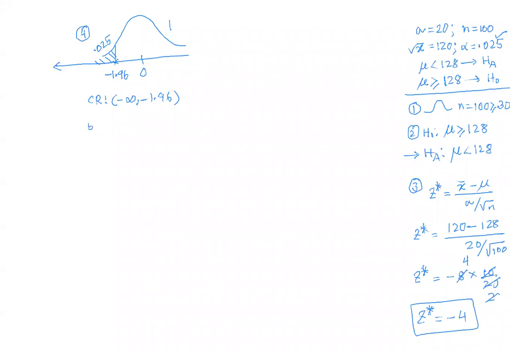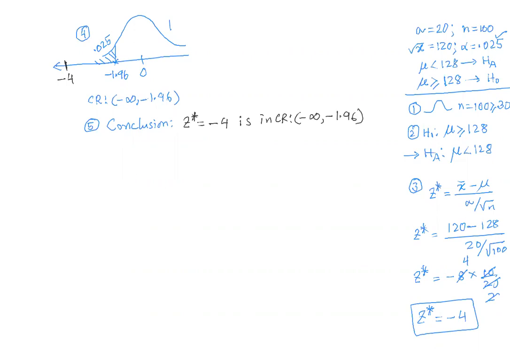Now, step number 5 is your conclusion, which is what? Your test statistic Z star is equal to -4, and it is in the critical region, because -4 is going to be somewhere around here, in the region from -infinity to -1.96.